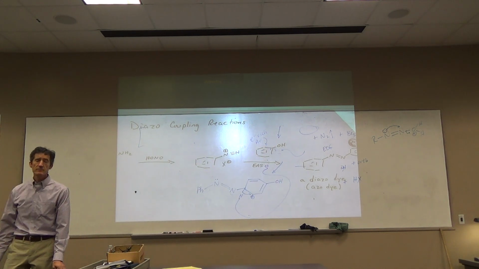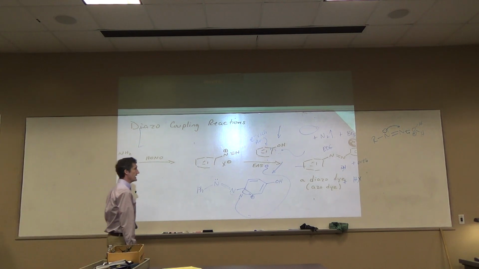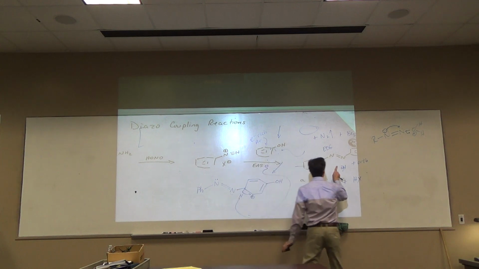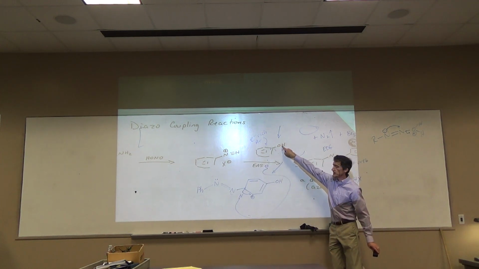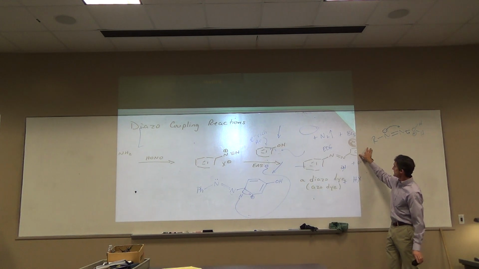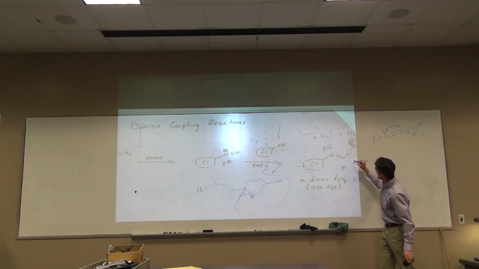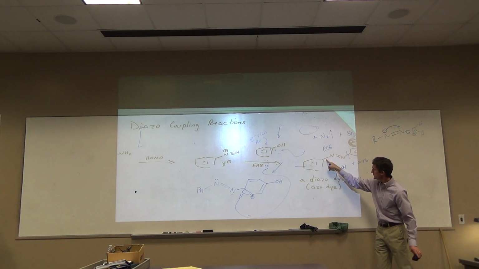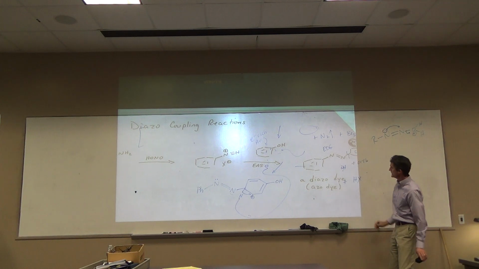Those react the best, and others just don't react as well. Anytime you see an azo dye, one of the rings is going to have an activating, donating group. That was the ring that reacted. This one was already there from the diazonium. The other ring came in here.